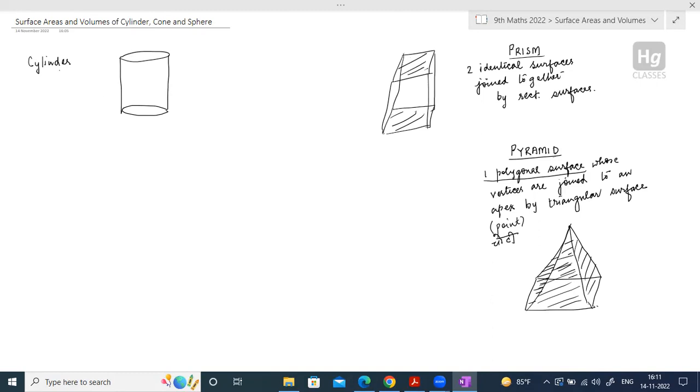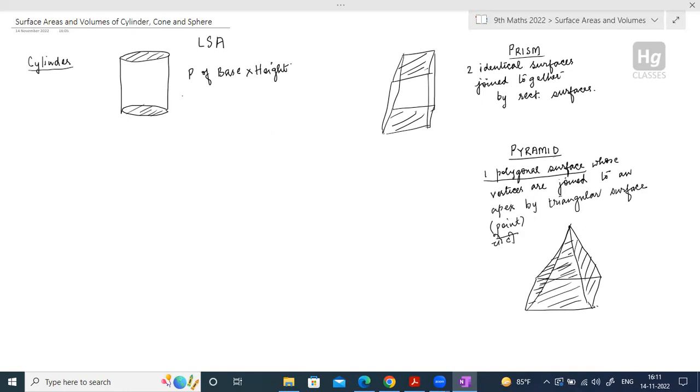So cylinder also comes in the prism family because it has an identical top and bottom, right? And I told you that for a prism, the lateral surface area is perimeter of base into height.